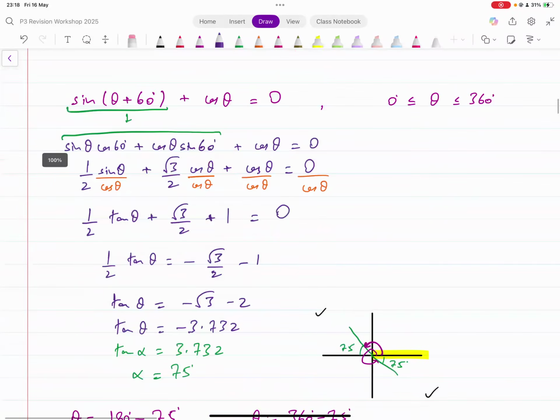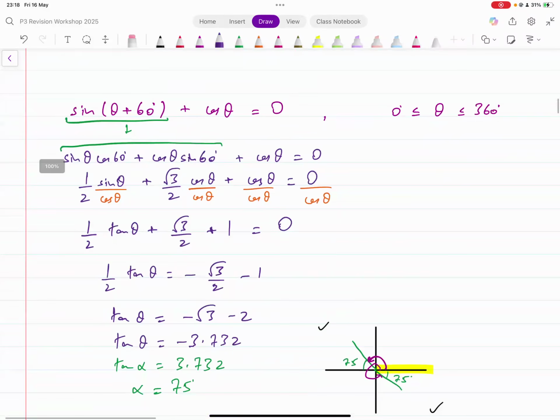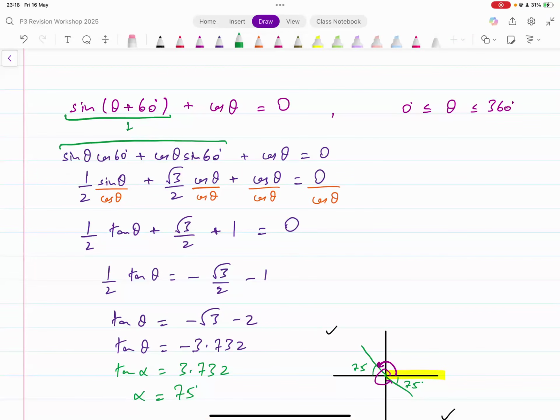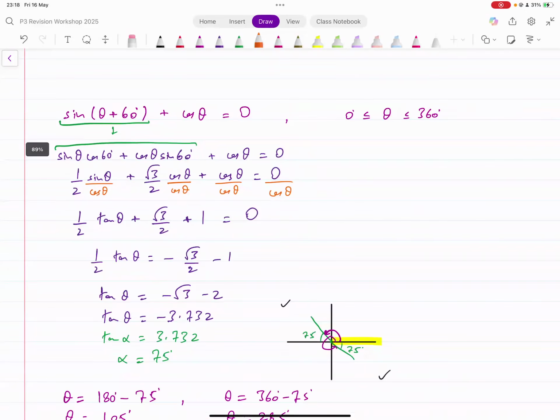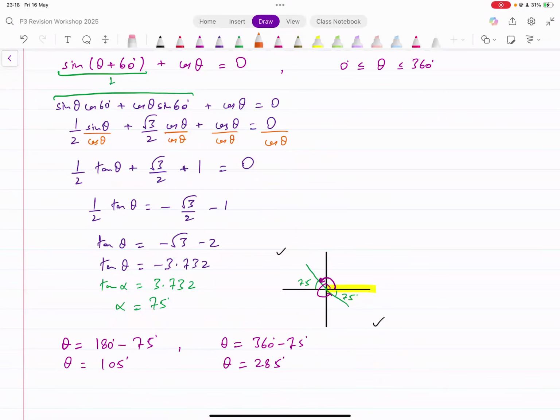So we first of all applied that identity to simplify that. And then we had sine in one term, cos in another term. To convert it to tan, we could just divide the whole equation by cos like this, right? We divide the whole equation by cos, it converts to tan, and then you can solve that equation in terms of tan, find the basic angle, and find the result from that.